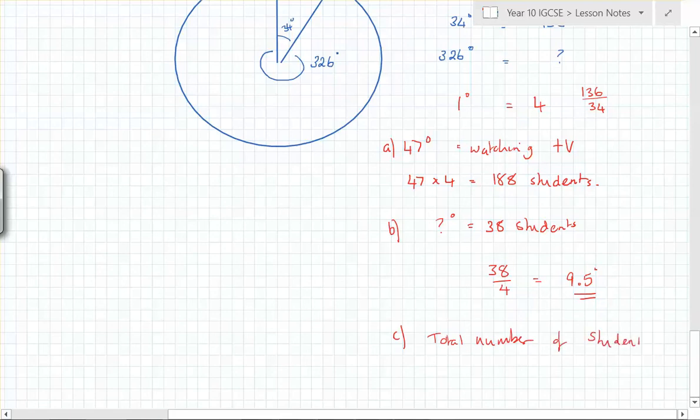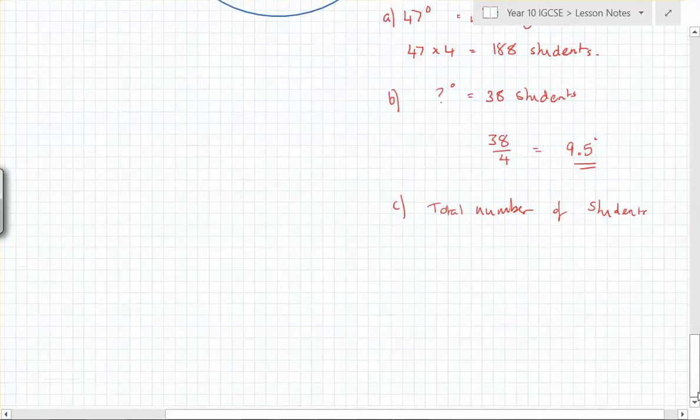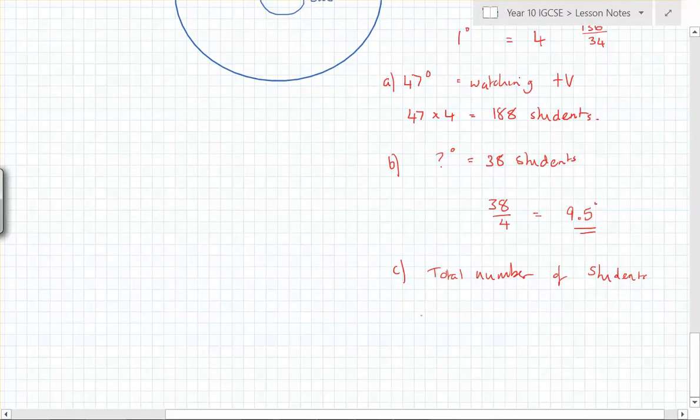So I think, again, we can go back to this piece of information. The total number of students will be, well, we know again, 1 degree is 4 students, because that was what we were told at the beginning. We worked it out. So how do we figure out how many students there were in total?